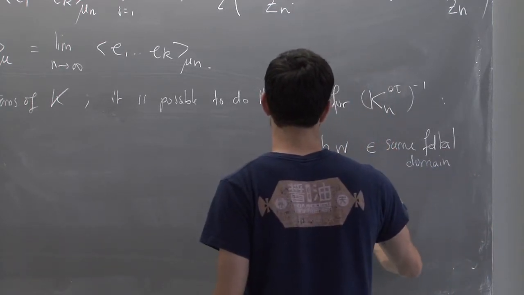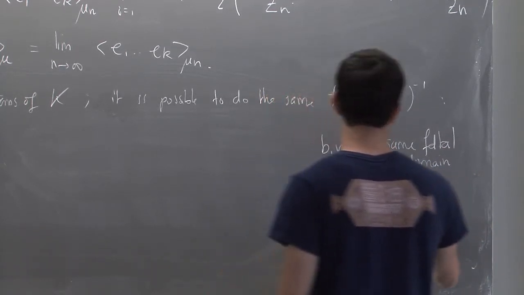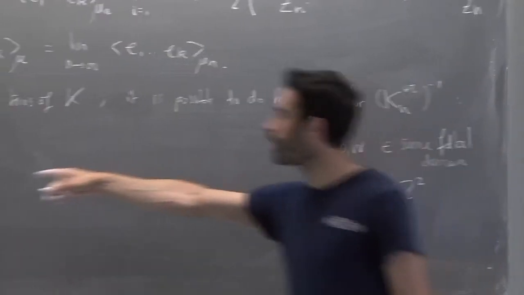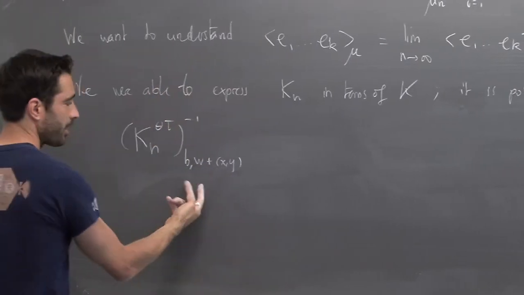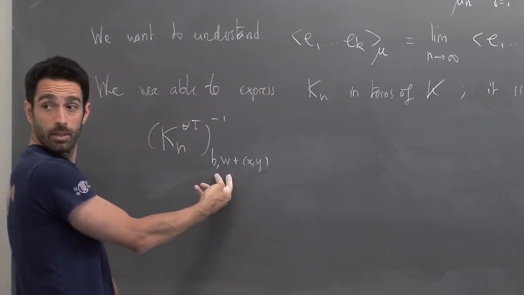So you agree, we can always express a black and a white vertex in a unique way like this.